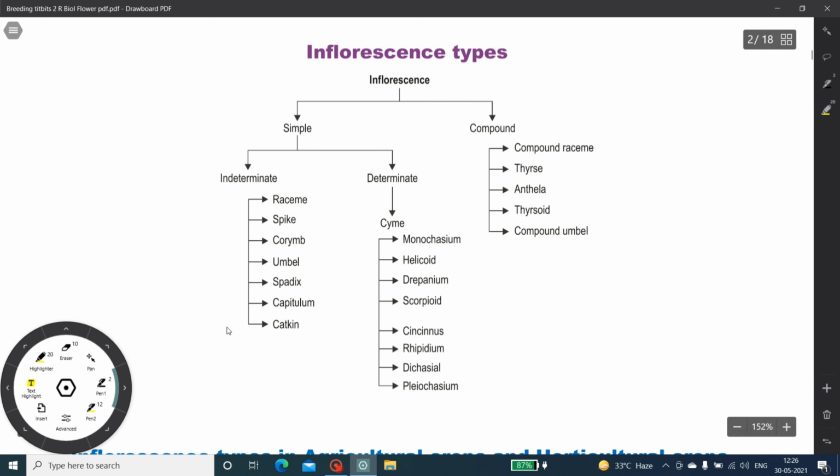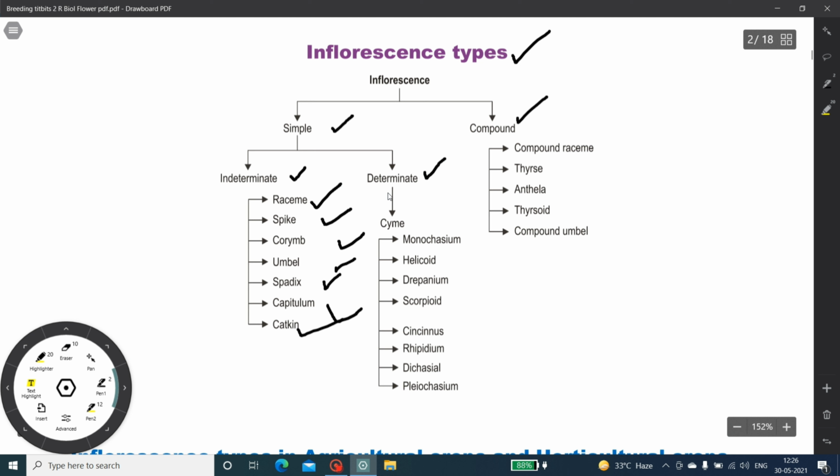Now let us have a highlight on inflorescence types in a flow chart. Look at this flow chart. The inflorescence is divided into simple inflorescence and compound inflorescence. The simple inflorescence is again subdivided into indeterminate inflorescence and determinate inflorescence. The indeterminate inflorescence has raceme, spike, corymb, umbel, spadix, capitulum and catkin.